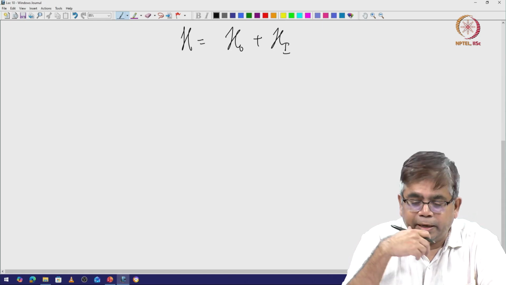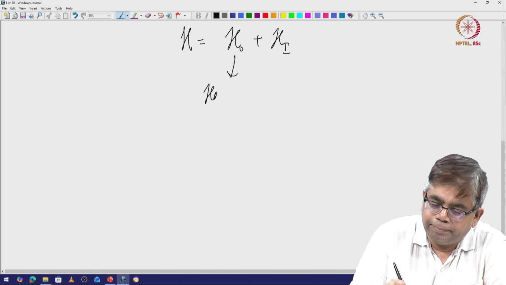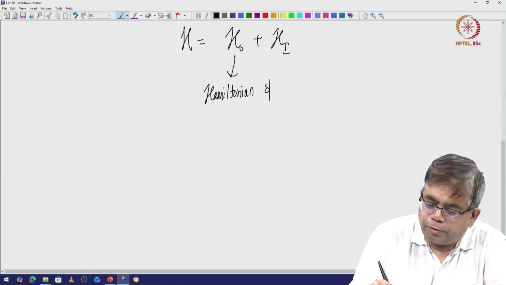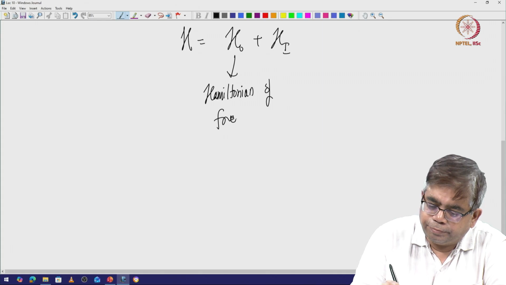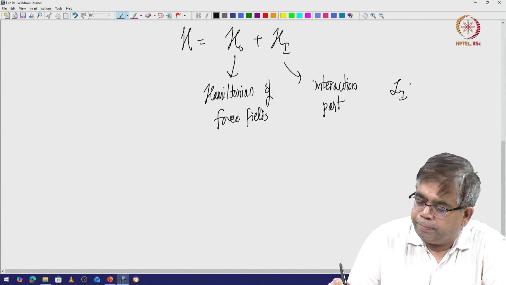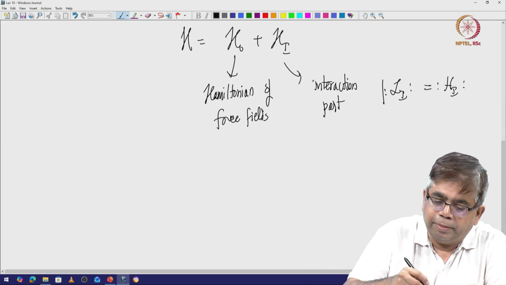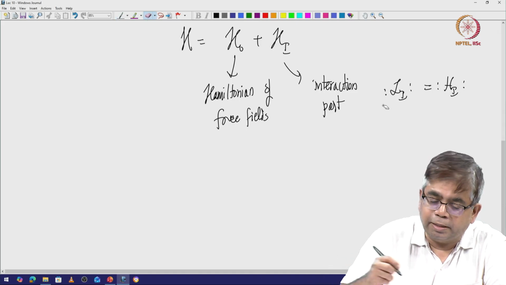H0 is the Hamiltonian of free fields, and HI is the interaction part. I already mentioned that the interaction part of the Hamiltonian and Lagrangian are equal to each other, up to a sign.